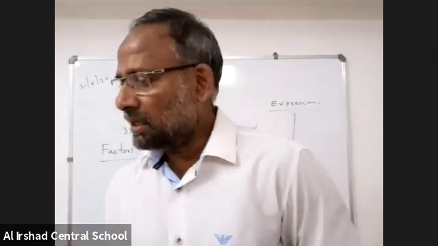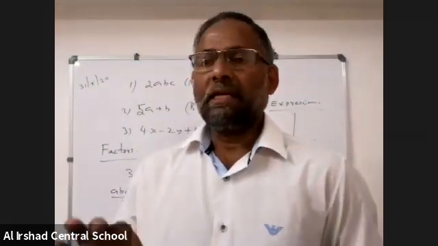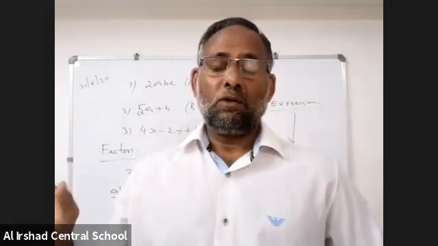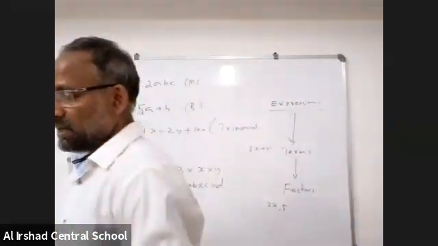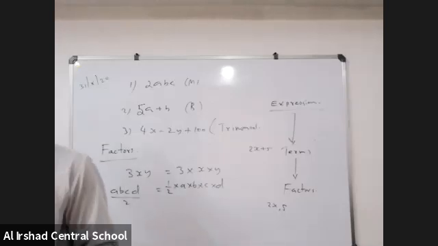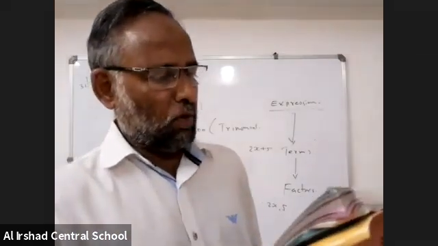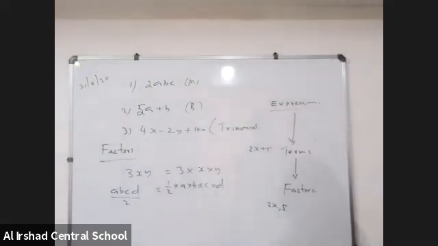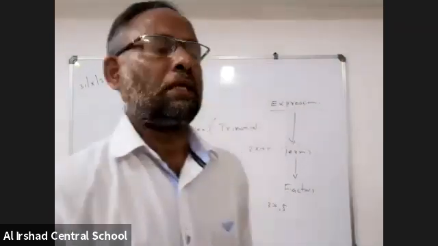Now one more thing, last but not the least, that is polynomial. Don't confuse, poly means many. See what they are telling about polynomial. In general, an expression containing one or more terms with non-zero coefficient is called a polynomial. A polynomial may be one term, 2 terms or 3 terms.